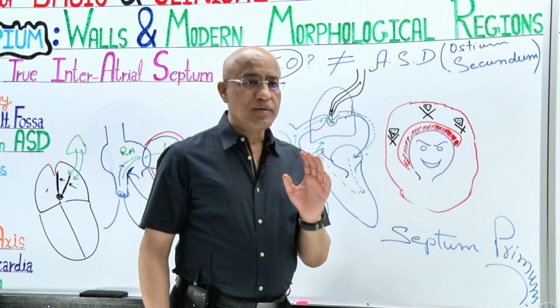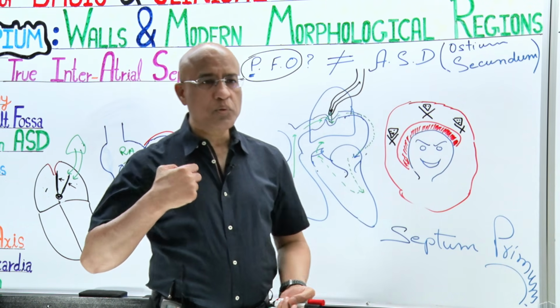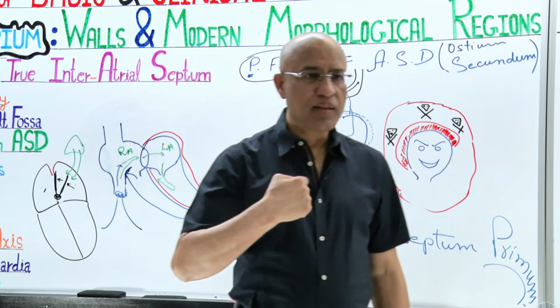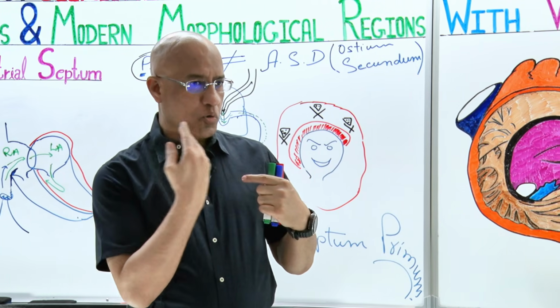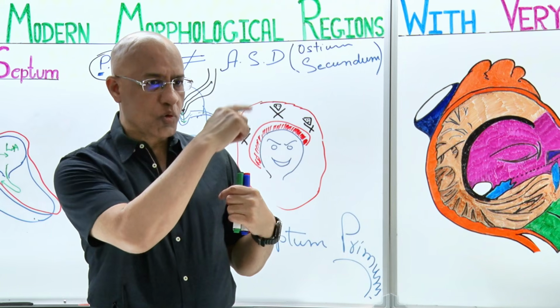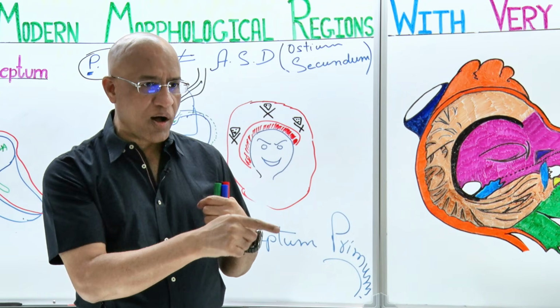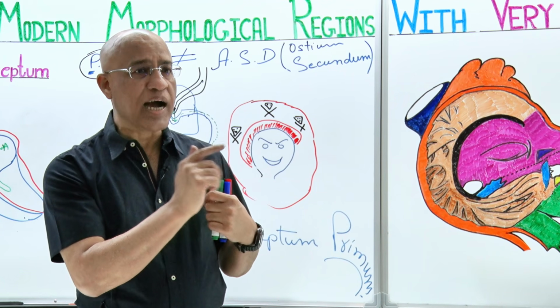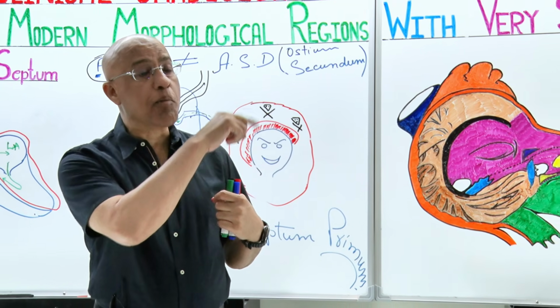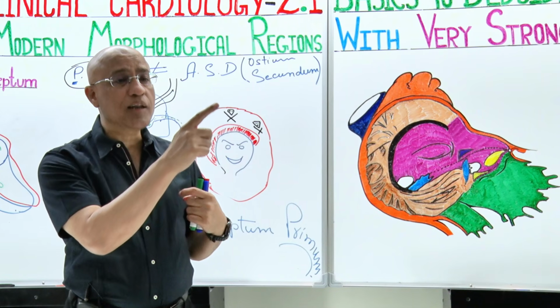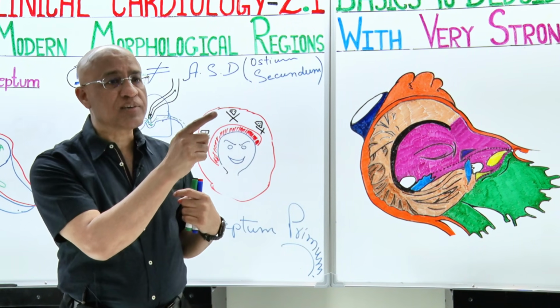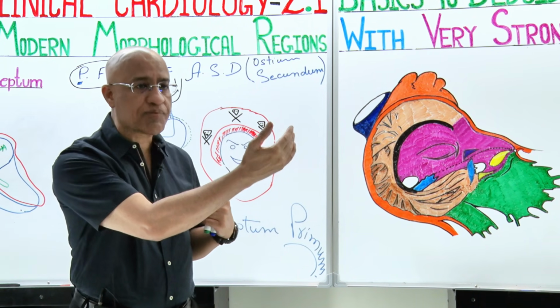So in an adult, if you enter my right atrium and look towards the medial side, you will find a big medial wall, an apparent medial wall, looking as if it is the partition between the right atrium and the left atrium.